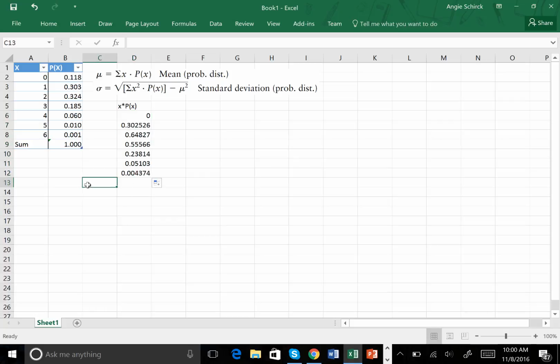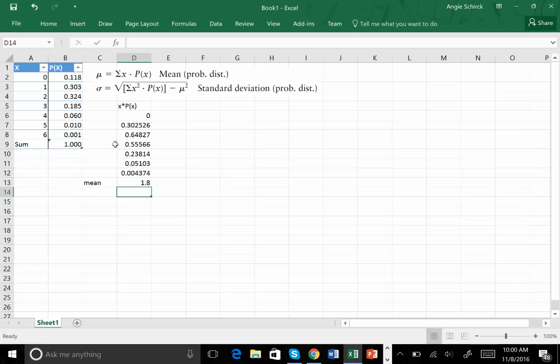And so now my mean, according to this formula up here, is just equal to the sum of these. So I'm going to say equal sum, and then I'm going to select these cells and hit enter. And now I have the mean of my probability distribution.